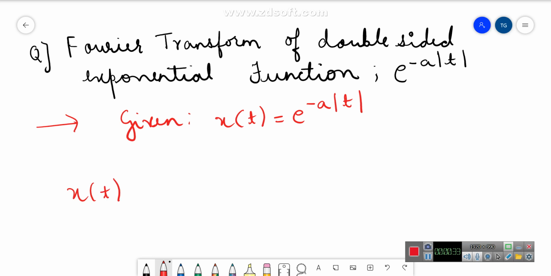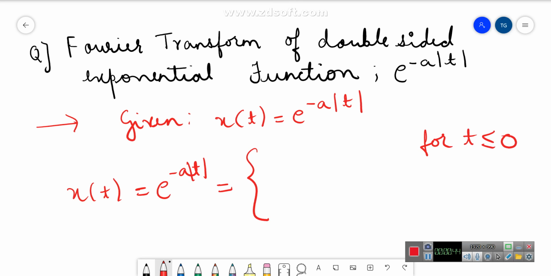So we can separate it into two values. For t less than or equal to 0, less than or equal to 0 means it is having negative values.